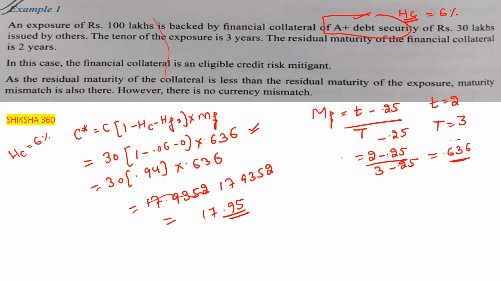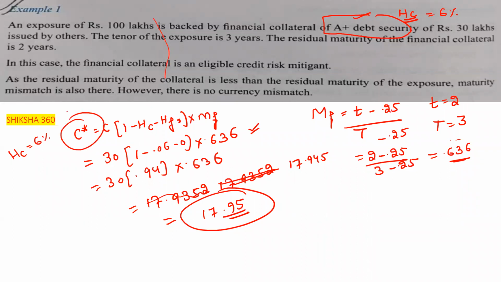They will calculate in the running way, that is 1.75 divided by 2.75 into 0.94 into 30. So we will get here 17.945. Okay, so we will consider it approximately 17.95. This is the value of C star.